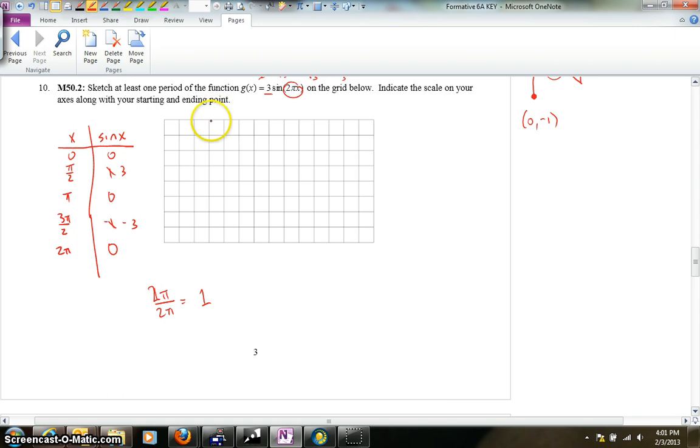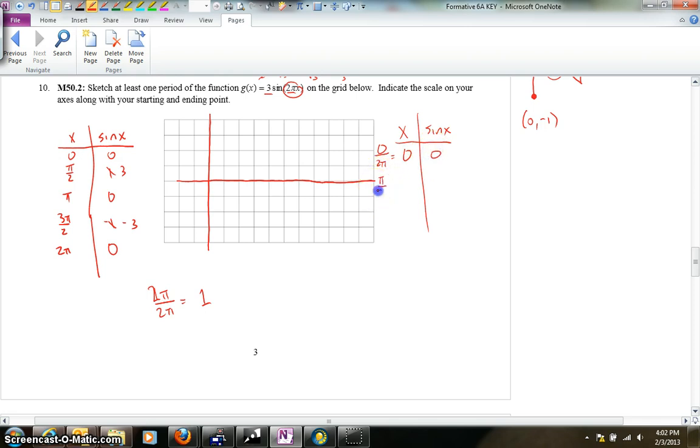Now some of you know well enough that that means all you have to do is create the values between 0 and 1 and then divide it into 4 pieces. But what I taught in class had us basically divide away this 2 pi from each of our x coordinates. As we do that, we can look at it over here. 0 divided by 2 pi is just still 0, so that coordinate is still there.